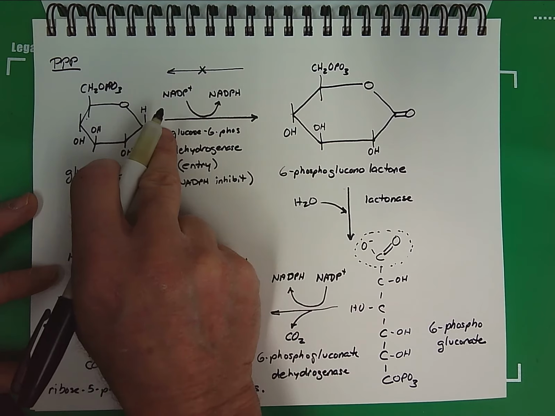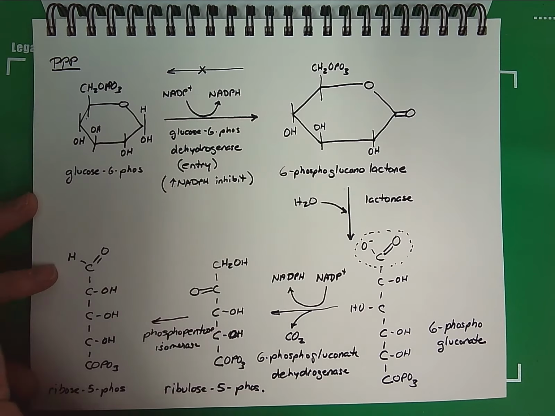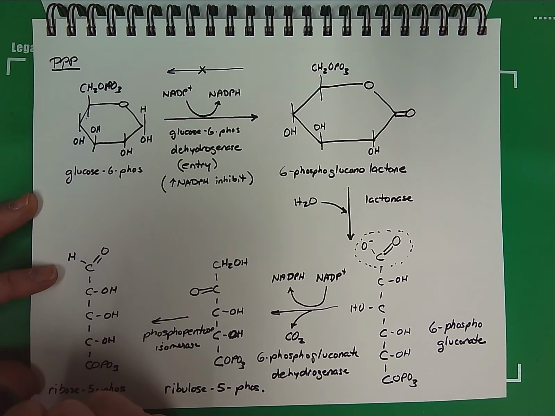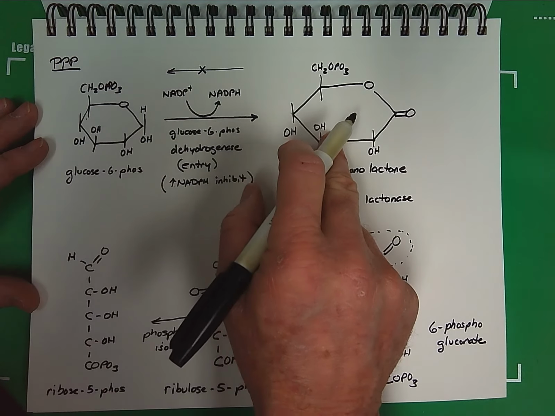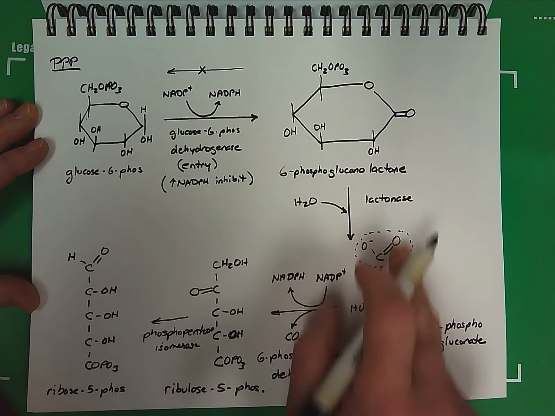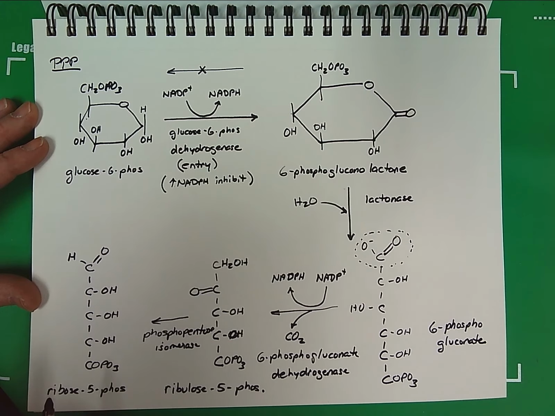So we cannot reverse ourselves back to glucose 6-phosphate and place this back into glycolysis. So what we're going to do is enter this pathway. We must go all the way to ribose, and then the ribose is going to undergo some conversions between it and its partner xylose 5-phosphate.